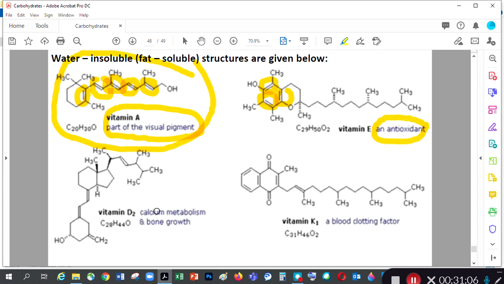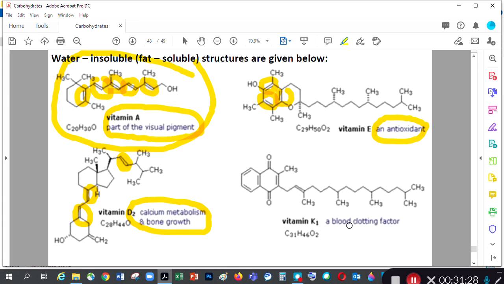And vitamin D is good for the bones, calcium metabolism, and bone growth. And it has, again, the secret of absorbing free radicals here. This double bond here, and there's another one here, another one here. So this is for the bones, calcium metabolism and bone growth.